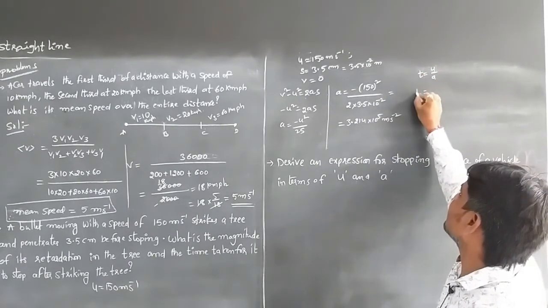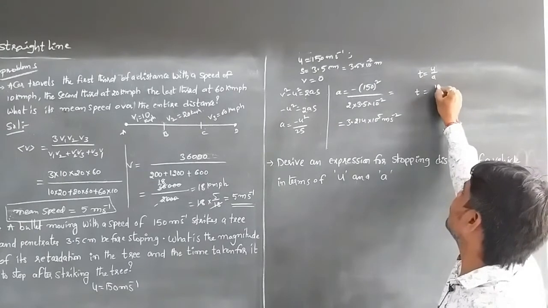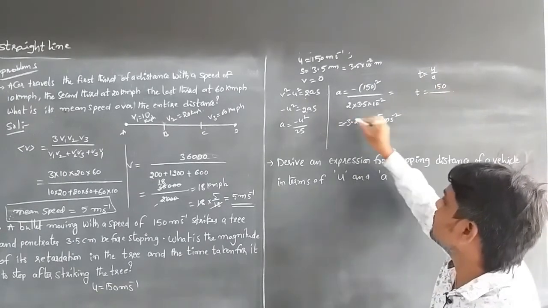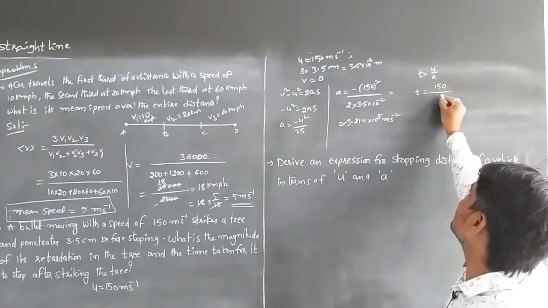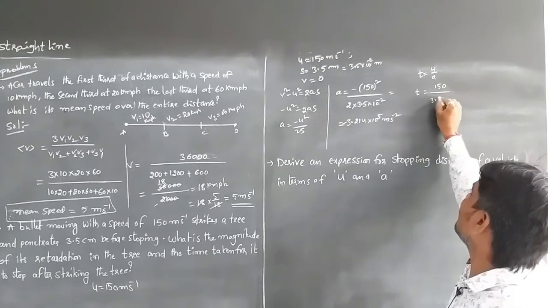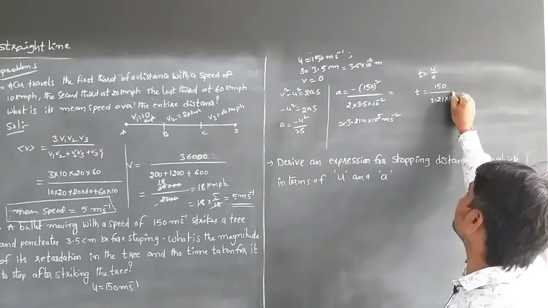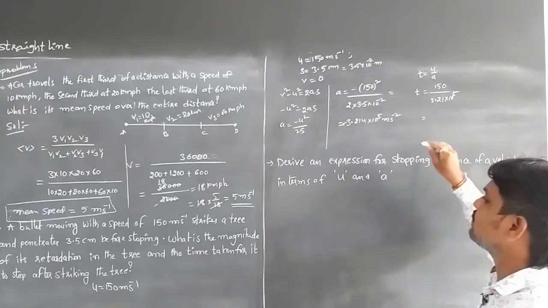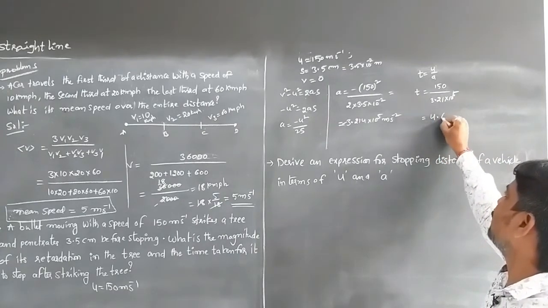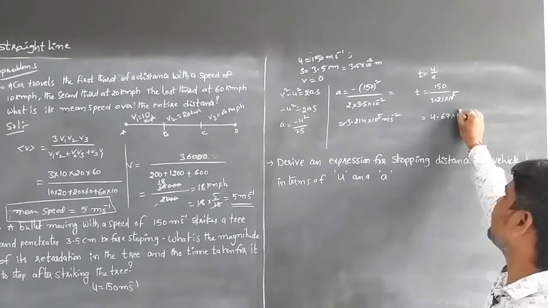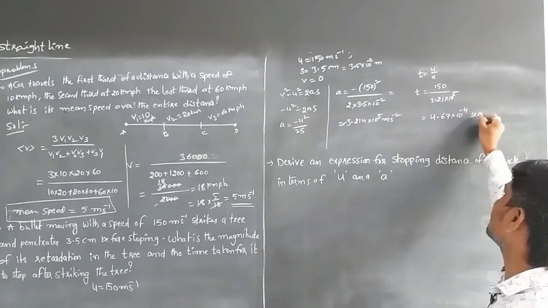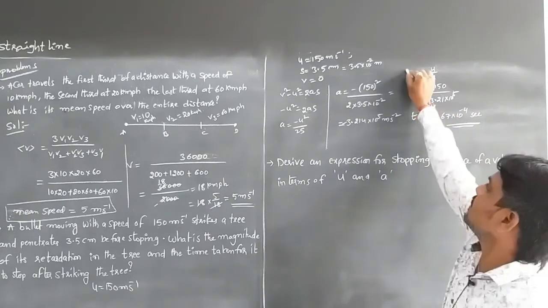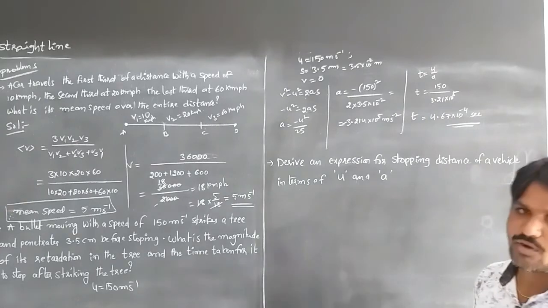So t is equal to 150 by 3.21 into 10 to the power of 5, the negative symbol indicating retardation. By calculation we get 4.67 into 10 to the power of minus 4 second. This is the time taken to stop the body.